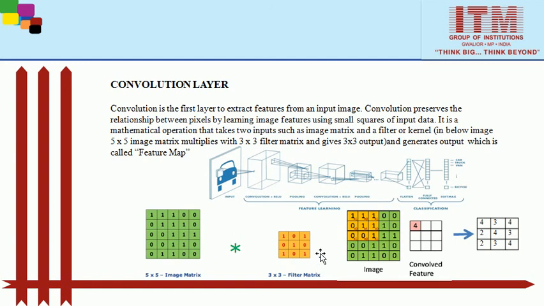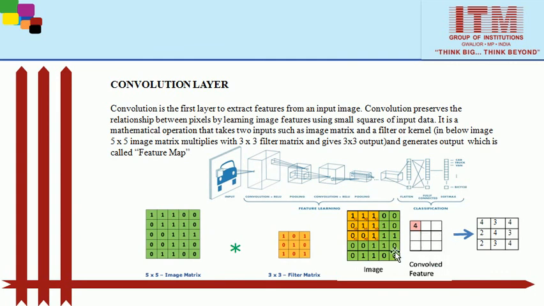Students, as we already discussed in our previous video on CNN, filters are of many kinds, and each filter will extract different features one by one from the image. So how does it extract? Basically it uses a dot product, and by applying this dot product it creates a new matrix or a new array which is called the convolved feature.